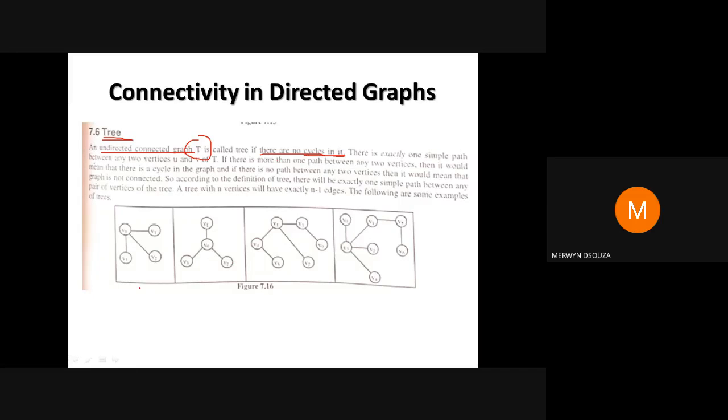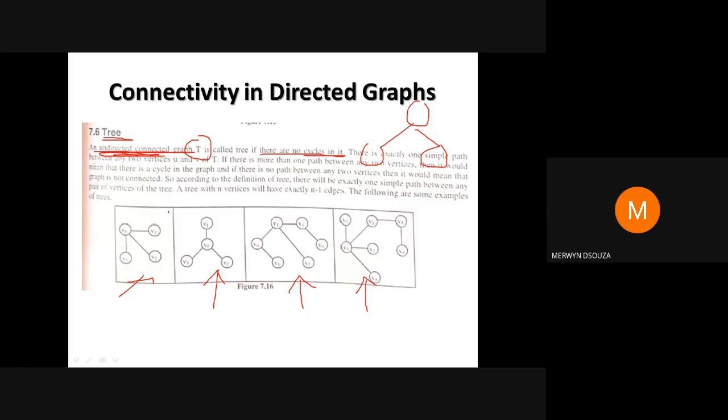You can see here all these are examples of trees according to the definition of a graph. Now when we studied trees, you remember there was a root node and all. It's not according to that definition. This is in terms of a graph. First of all, it should be an undirected connected graph.